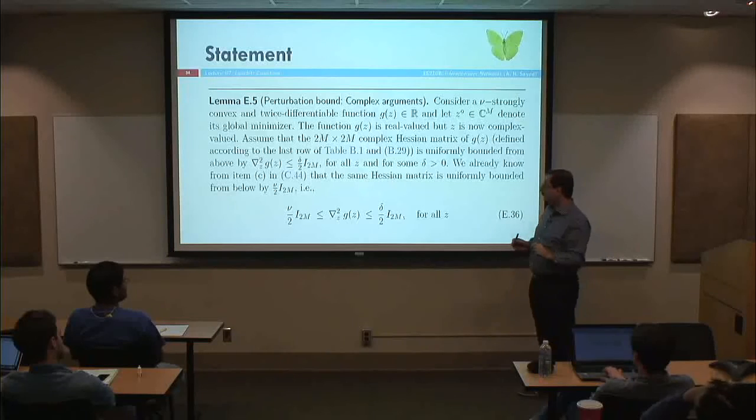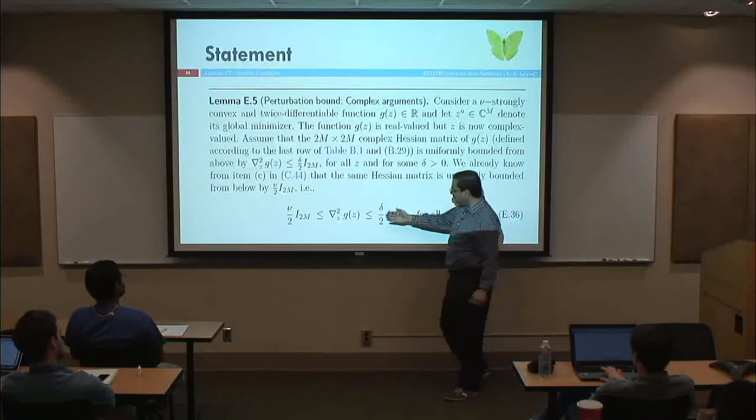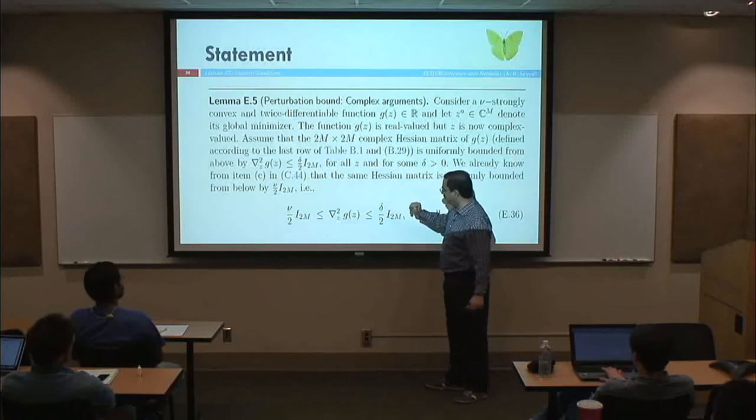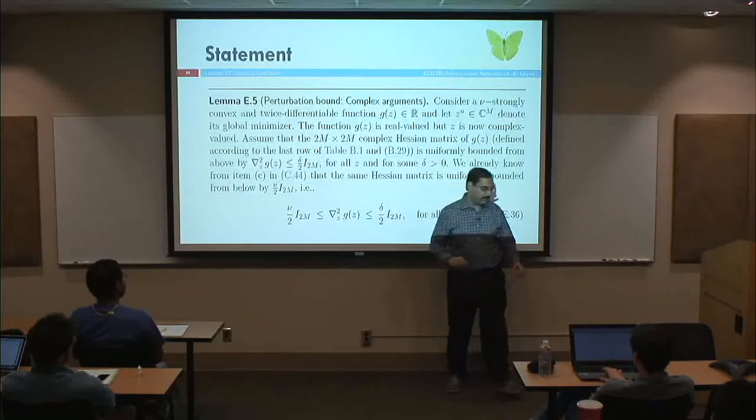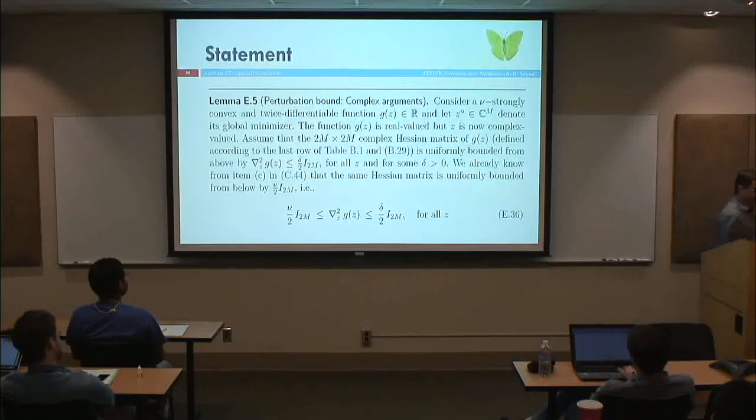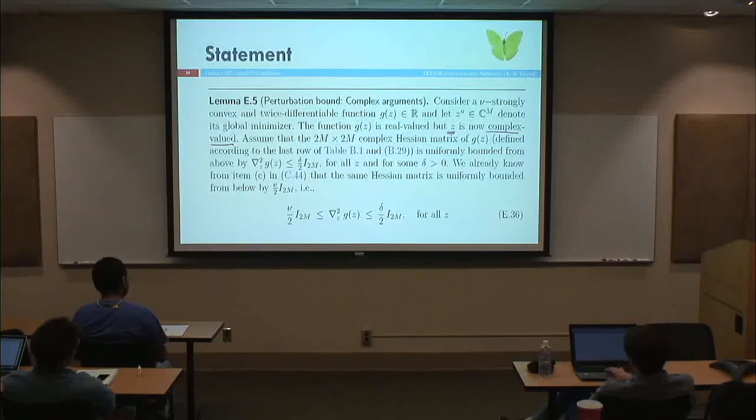Just like we did before, let's assume that my function is complex valued now, meaning z is complex valued, and the function is mu strongly convex.